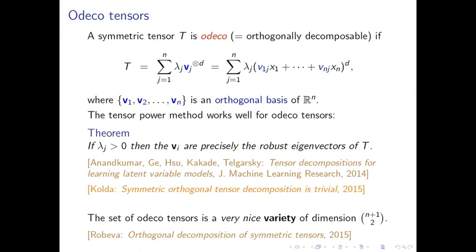Okay, so I take this as the definition. So a symmetric tensor is ODeCo if it satisfies the conclusion of the spectral theorem. Symmetric matrices are always ODeCo, that's the spectral theorem, but symmetric tensors in general are not.